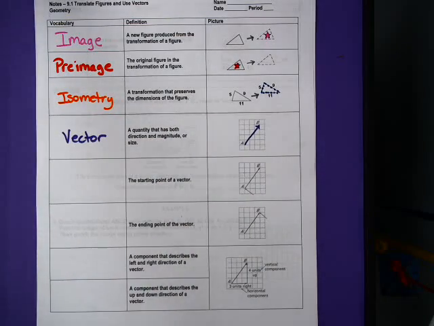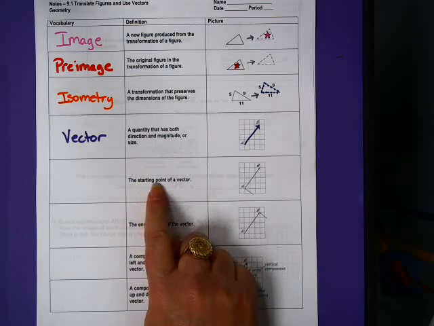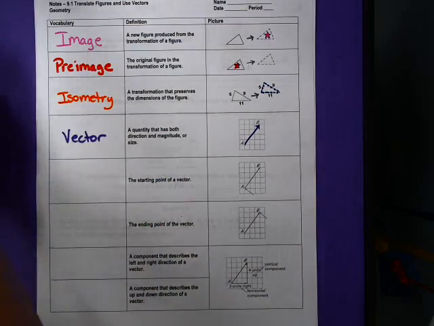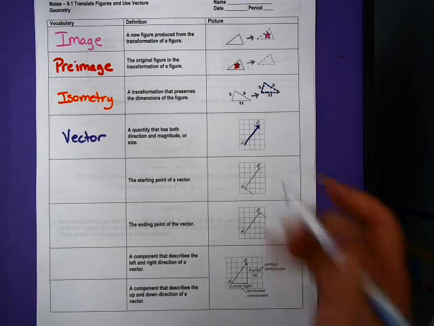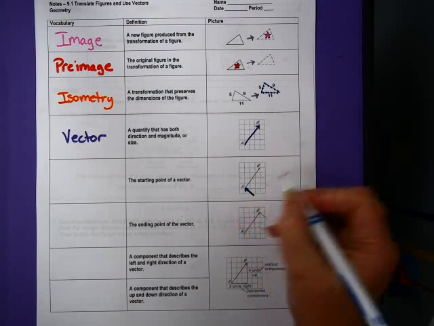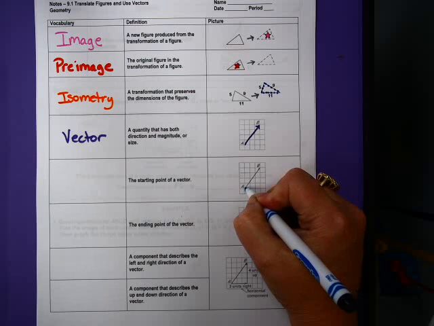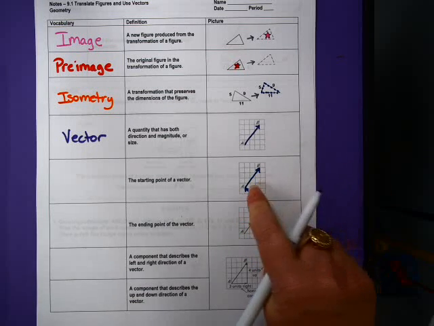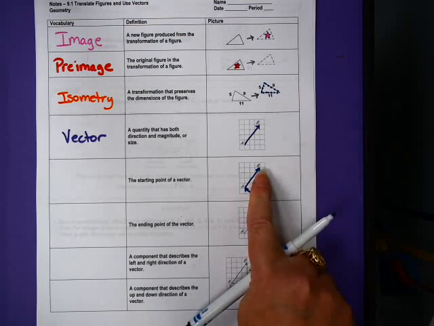The starting point of a vector, I'm pointing at this one here, A, because here it has a point, it's like a ray, and it starts here, stops there with the arrow.